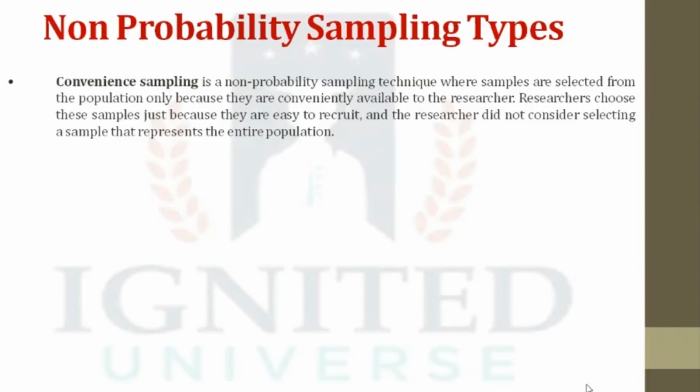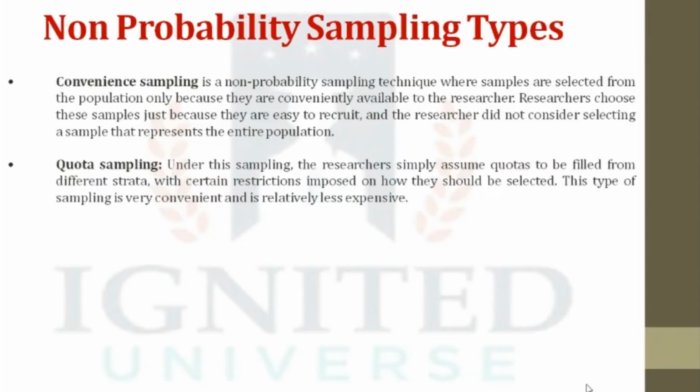An example of convenience sampling can be like this. Suppose a researcher wants to conduct a door-to-door survey. Now, in convenience sampling, the researcher may take up the houses where people are at home, or houses that do not have dogs, and houses that are not on a high floor.